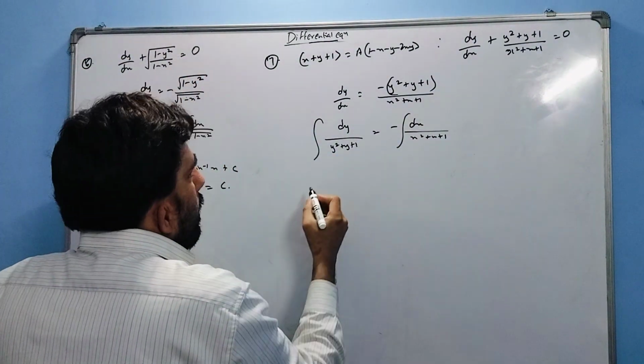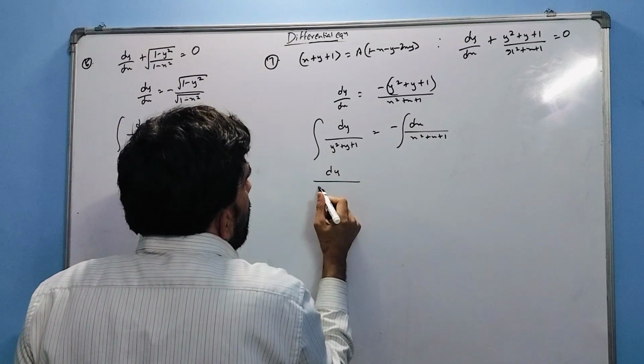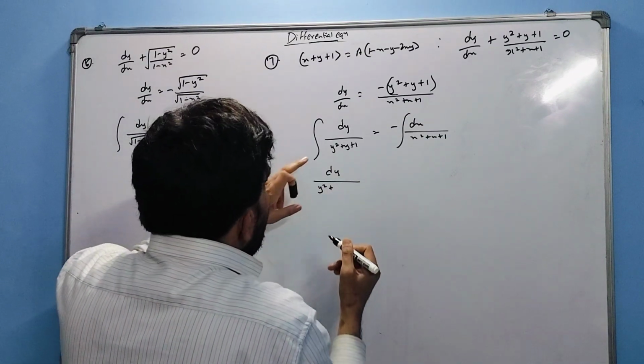By completing the square, first we make the y square coefficient 1.